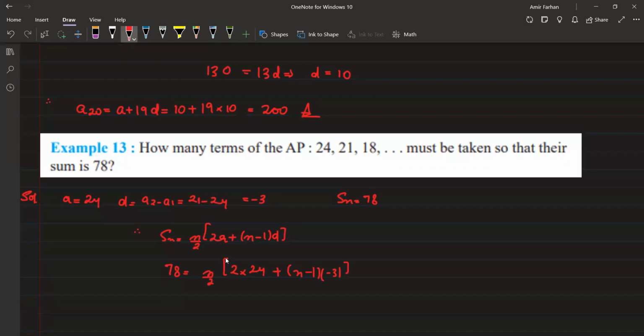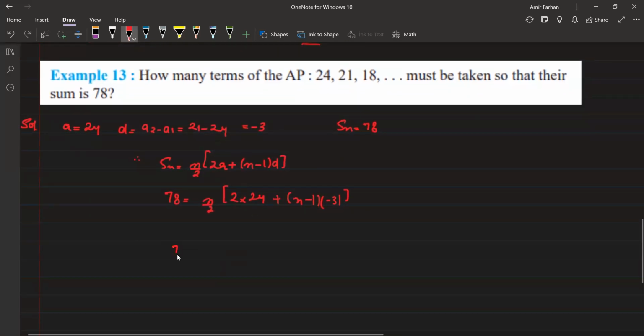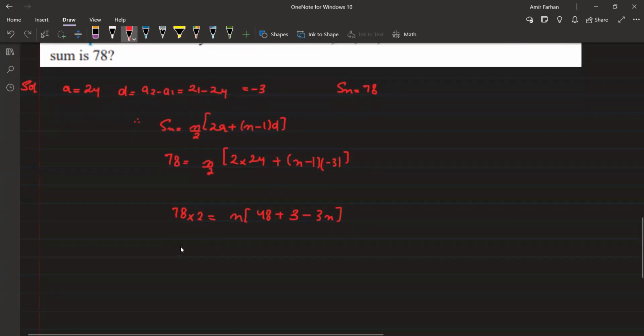Okay, so 78 into 2 is equal to n times 48 plus 3 minus 3n. So 78 into 2 is 156. So 156 is equal to 48 plus 3, 51n, minus 3n square.